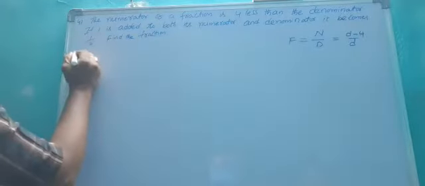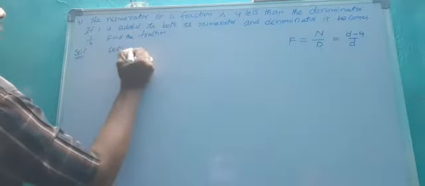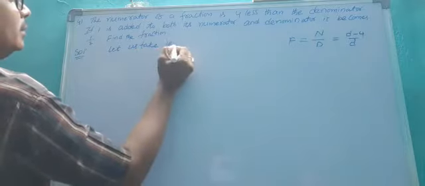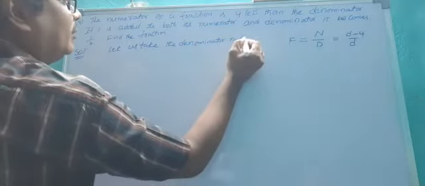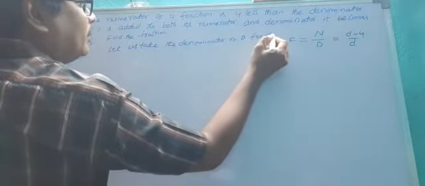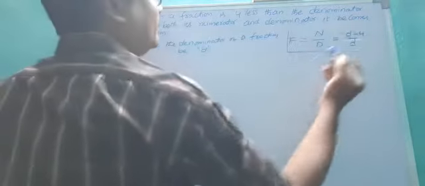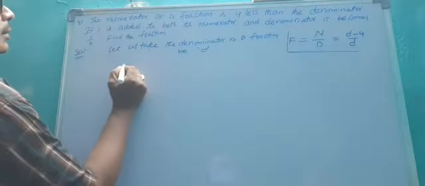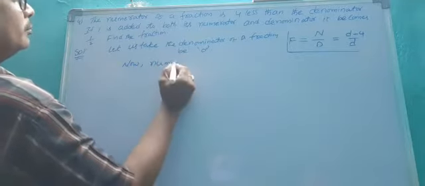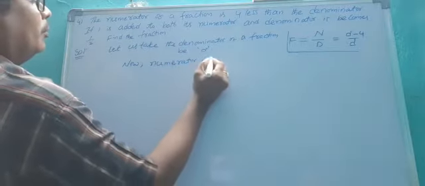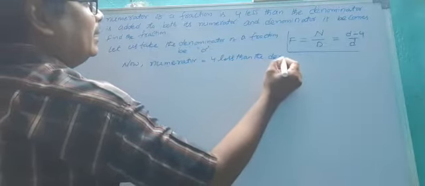Solution. Let the denominator of the fraction be d. Now the numerator is equal to 4 less than the denominator.